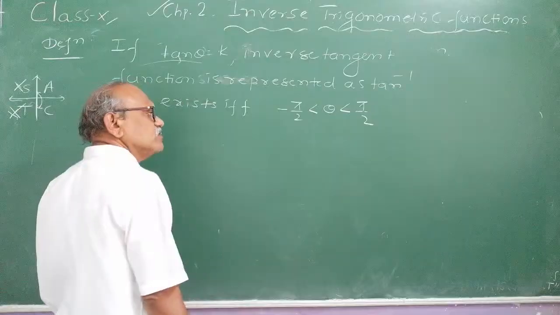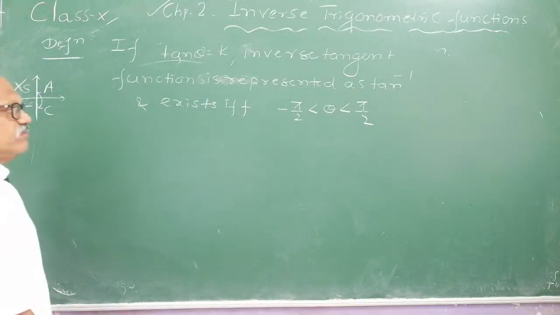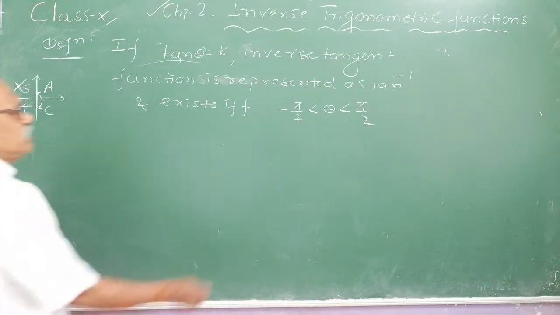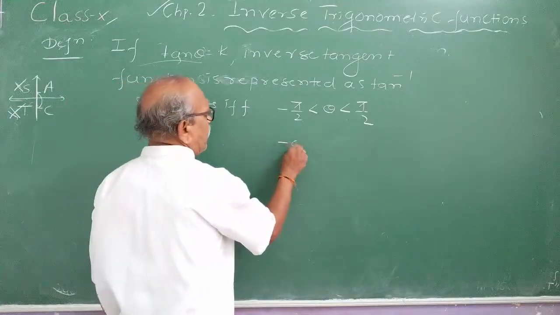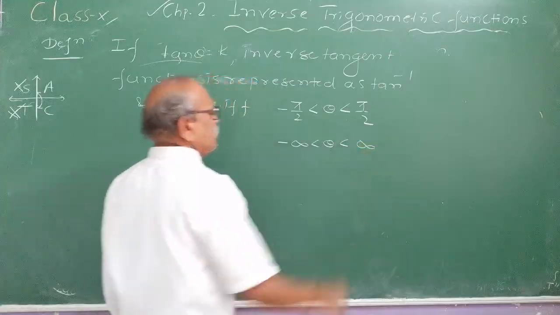And what are the values? Tan can have how many values? It should have the values between minus infinity is less than tan theta, less than infinity.